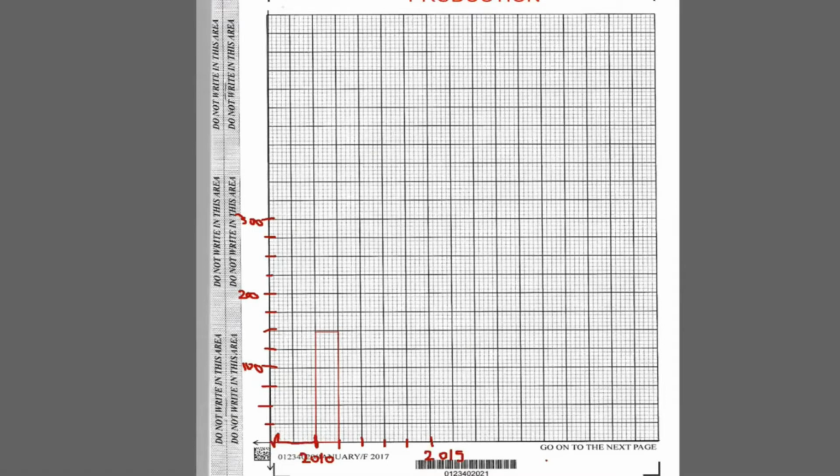Now, I don't like how this graph looks. I don't want it to be so close. So let me restructure this. This is for 2010.